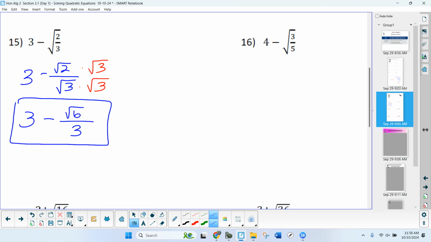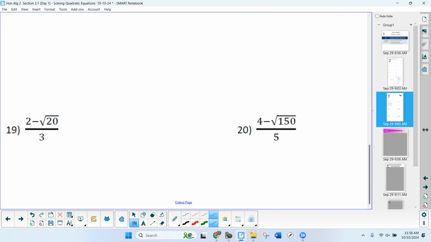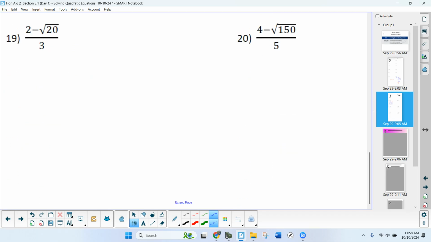Are we good? A lot of you asked for 19 and 20 both. Again, there are lots of ways to do these. I look at number 19 and I see the square root of 20, and as time goes on, you're going to see the square root of 20 and say, that's not simplified. I can break up square root of 20.